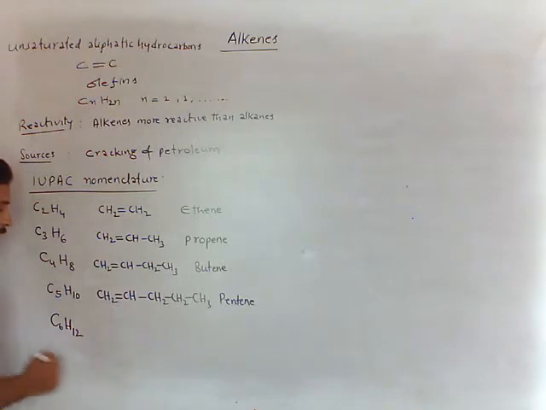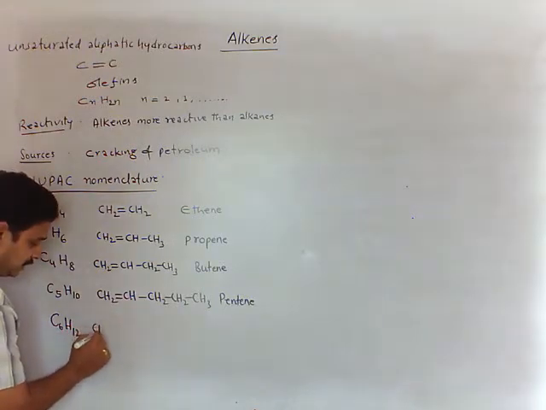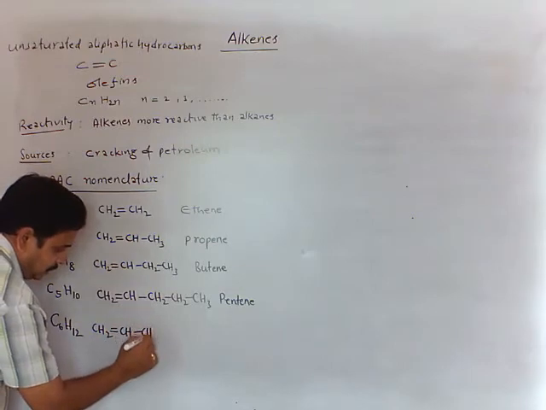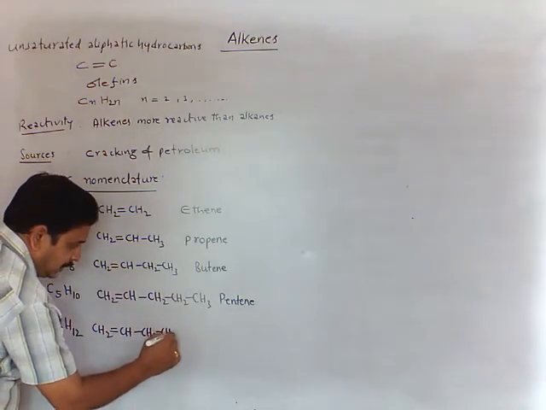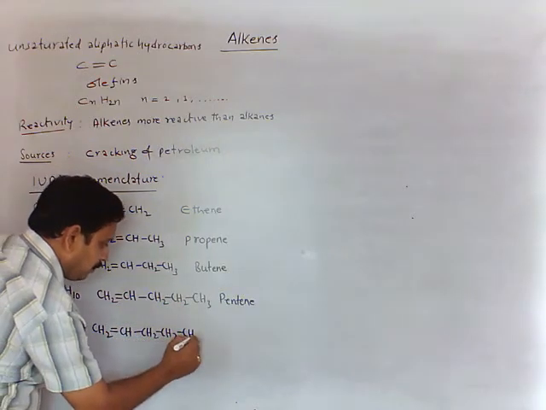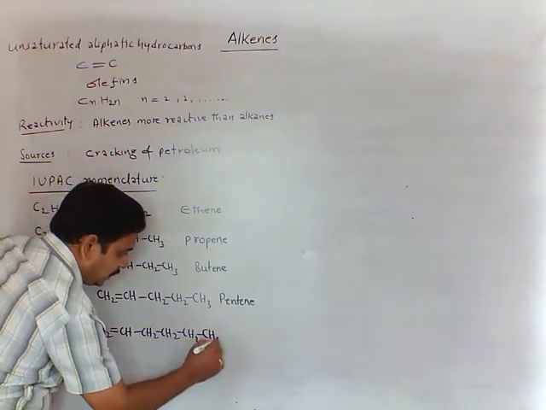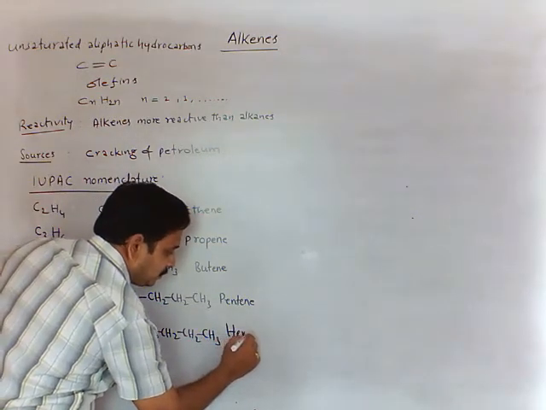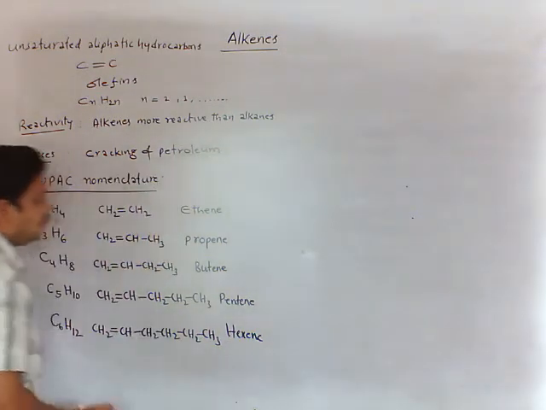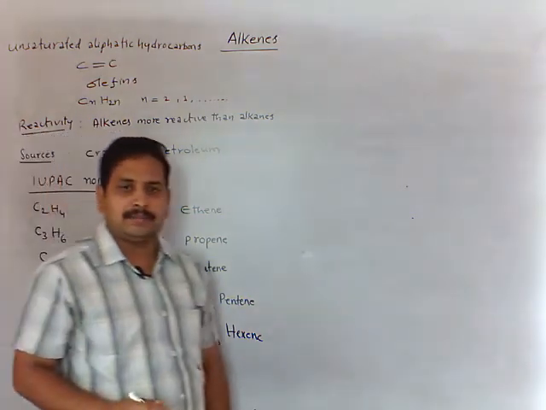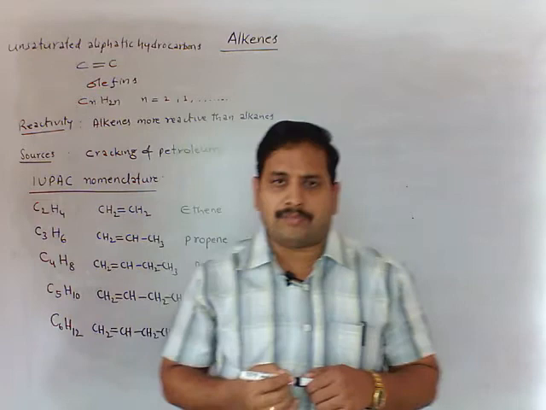This we are called as hexene. Its structure CH2 double bond CH, CH2, CH2, CH2, CH2, CH3. This we are called as hexene. This is about IUPAC nomenclature.